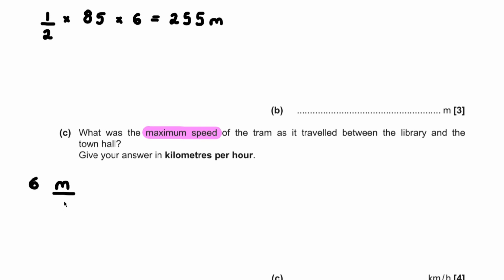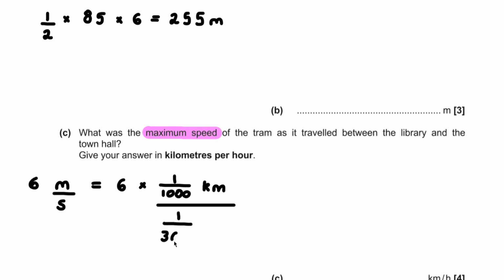meters per second. And what we need to do is convert this into kilometers per hour. So what I need to do is take the 6 and then I multiply it by 1/1000. That converts it into kilometers. And then for the seconds, I have to multiply by 1/3600.